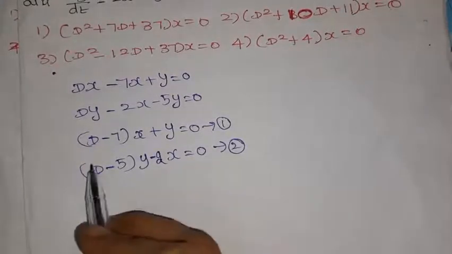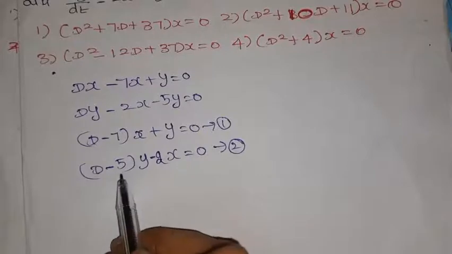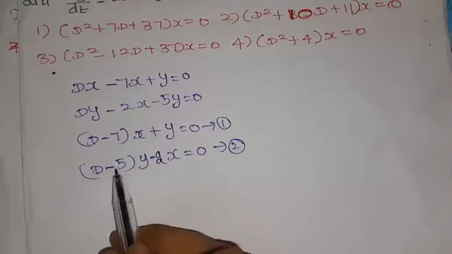For the first equation, multiply by D minus 5. What do we get?